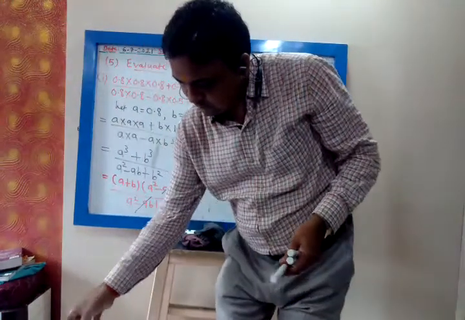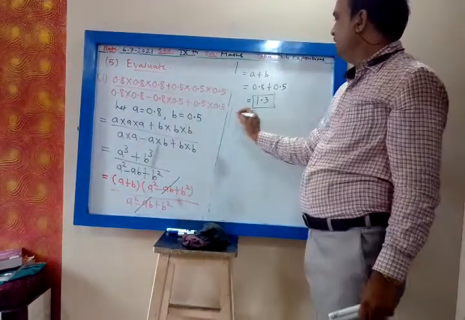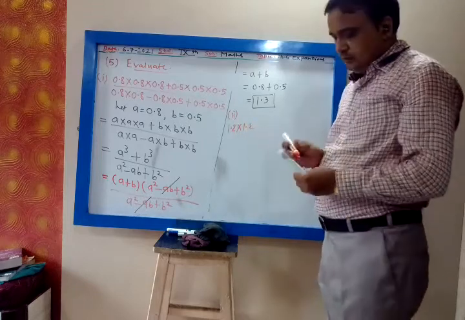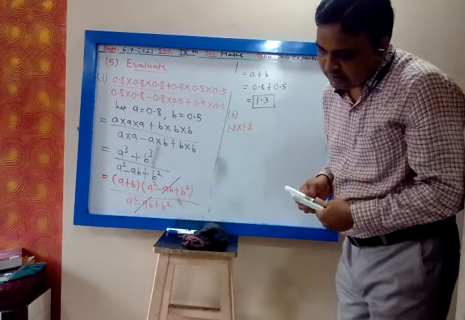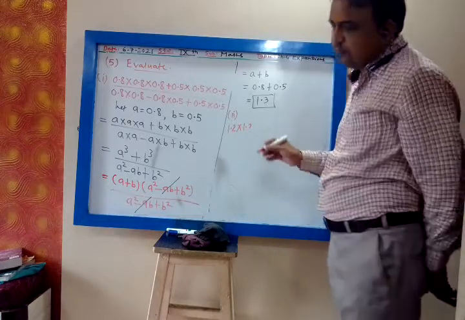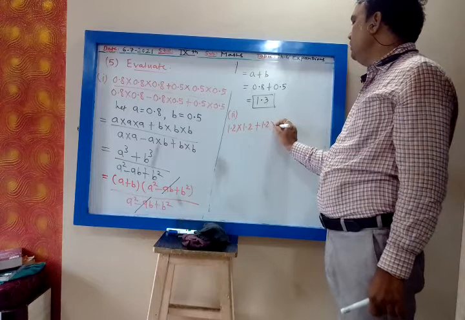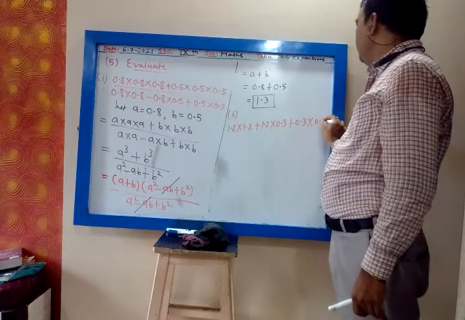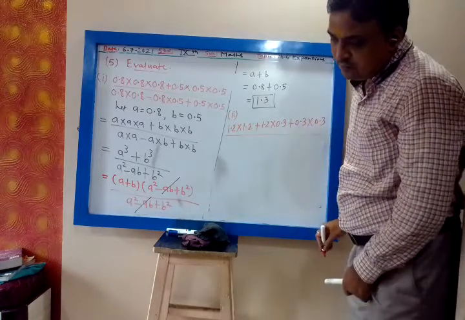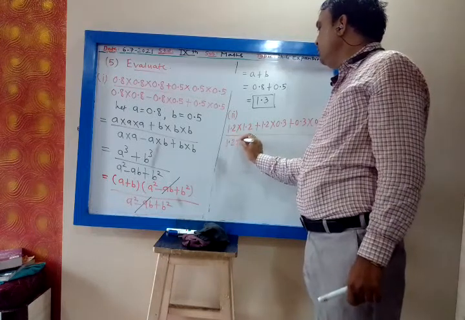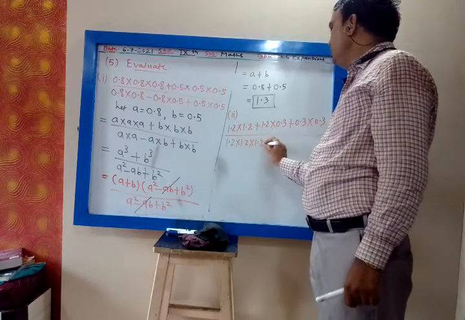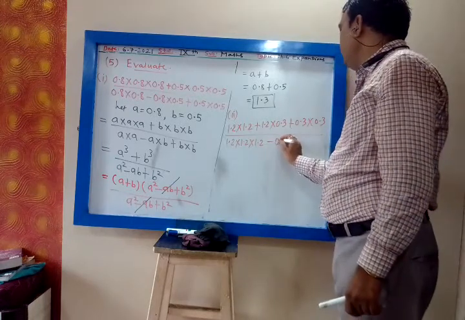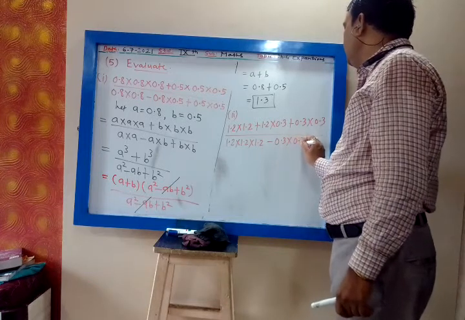Next is the second one. 1.2 into 1.2, 1.2 into 1.2 plus 1.2 into 0.3 plus 0.3 into 0.3 divided by 1.2 into 1.2 into 1.2 minus 0.3 into 0.3 into 0.3.